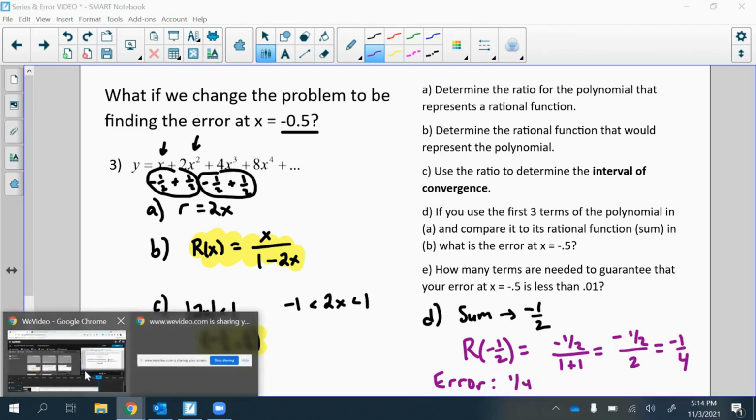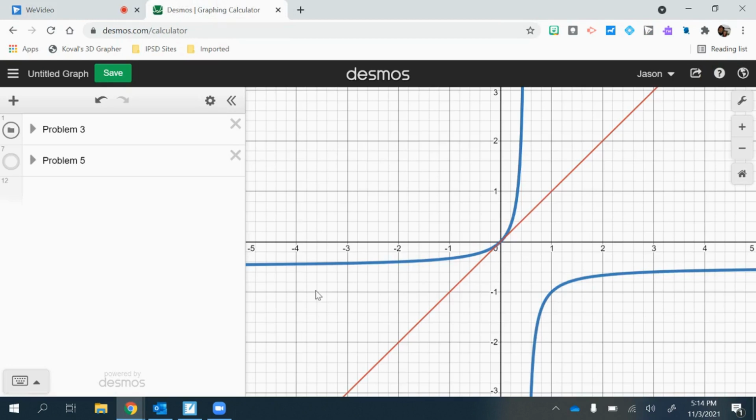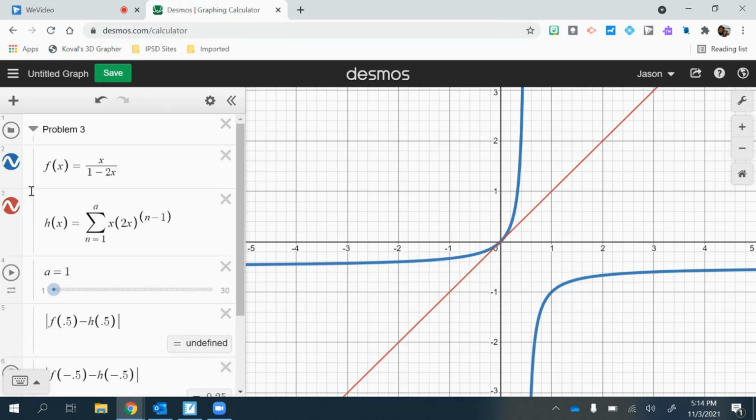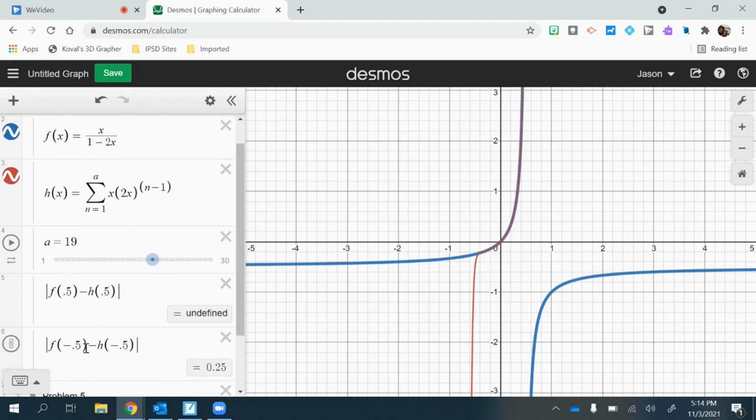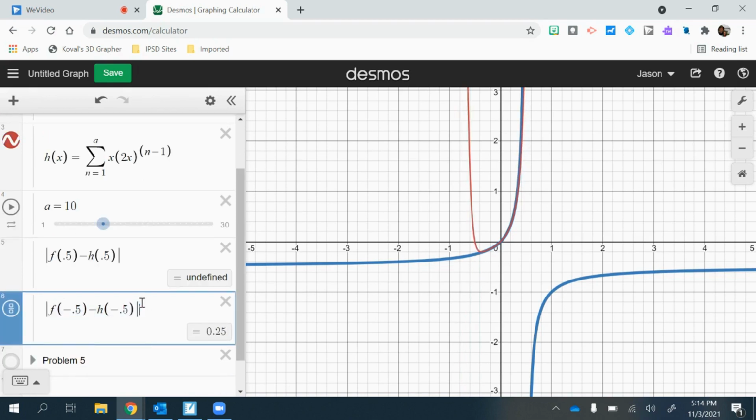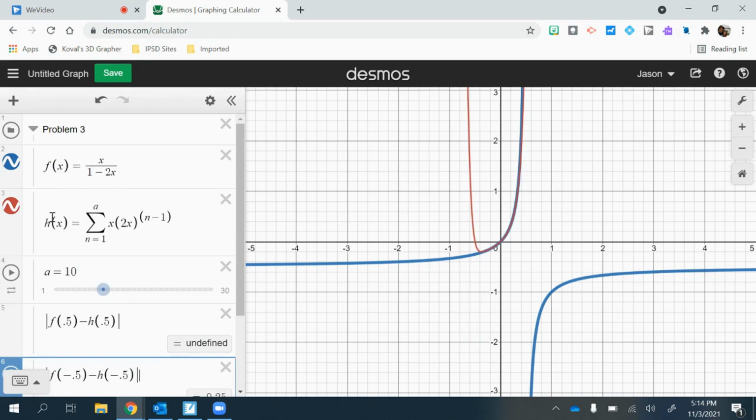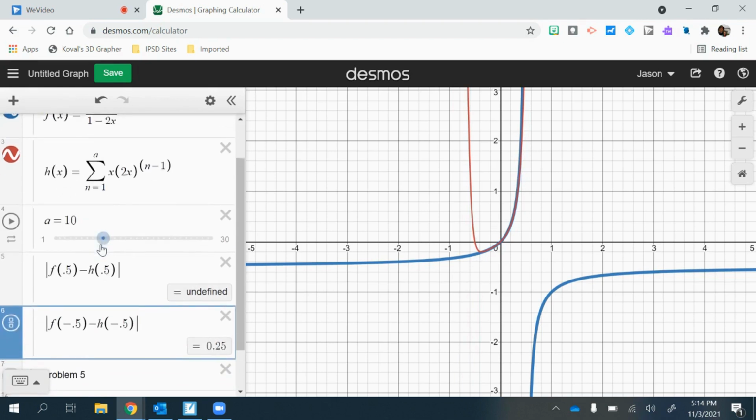And if I look at what happens with this problem, if I increase my sum, notice that I just continually increase the amount of terms. It's breaking off before I get to negative 1/2, and there was an asymptote at positive 1/2, so it certainly wasn't going to work. But notice that my error is always 0.25. So this error is always 0.25 if I subtract the rational function from the series.